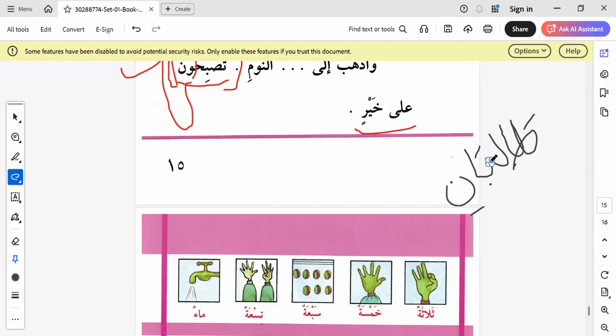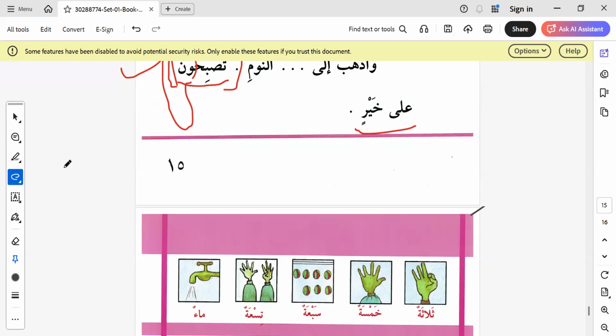Now, let's go to 3. When you want to count from 3, it's now a little bit different. Okay, are we following, please? For 3 students, your number will come first. So adad will come first. Now, it depends on who you are counting. You want to count 3 students, and those students are masculine.